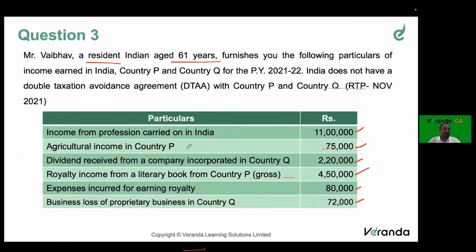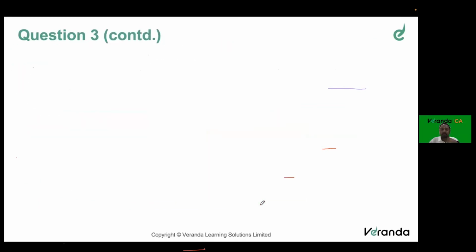In India, agriculture income is exempt. What about that particular country? Similarly, dividend: any dividend from a foreign company is taxable in India. And what about royalty? Are there any deductions available in Chapter 6A? Yes, you have 80QQB, so we need to work out that deduction. Is this expense deductible or not? What about the business loss? Can it be adjusted or not? These are the things we need to give importance to.